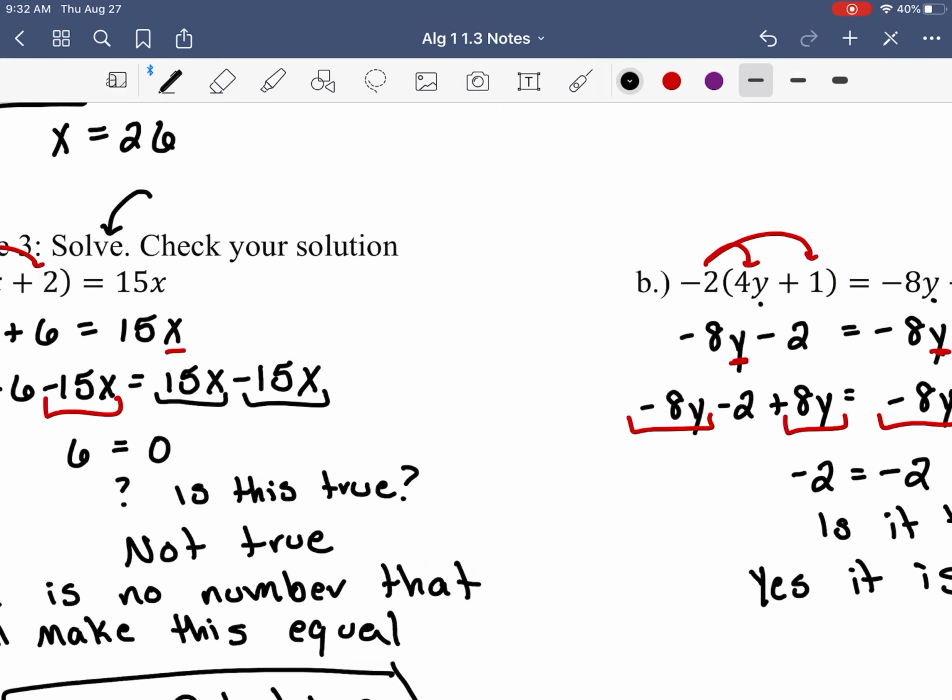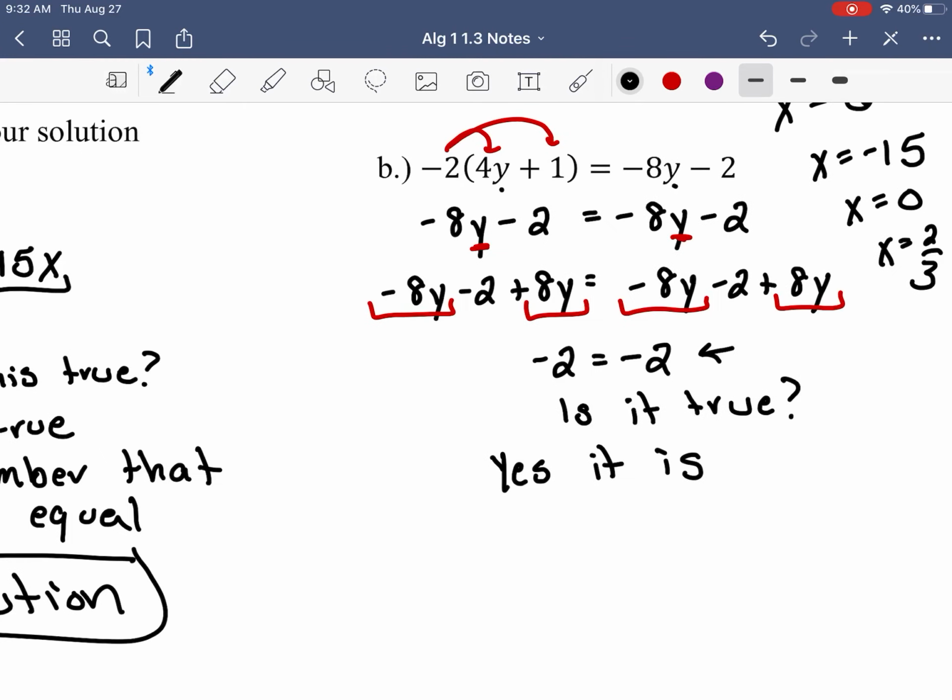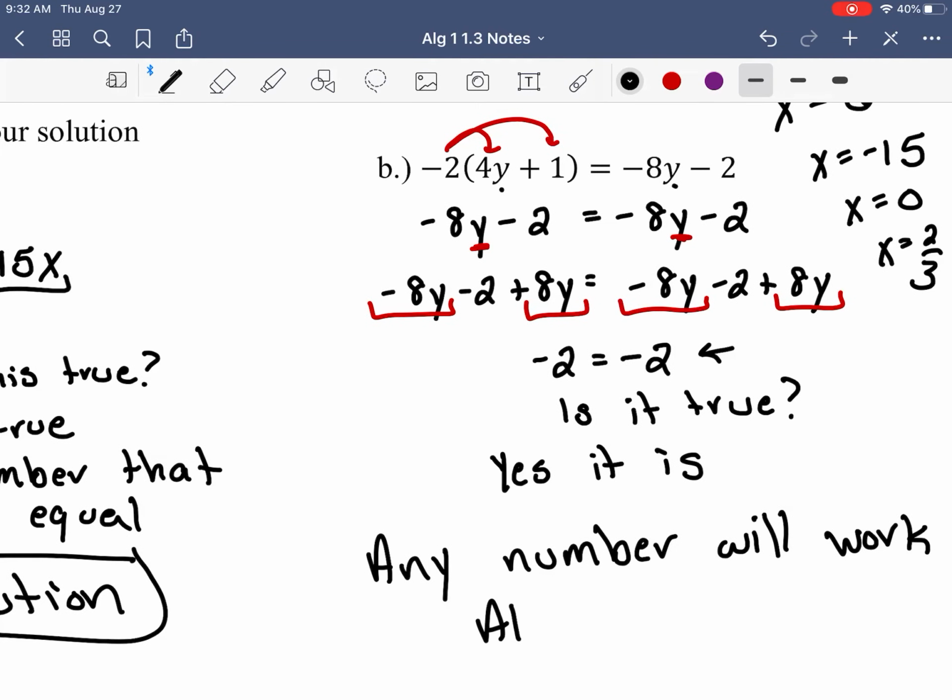So as far as the solution goes, if it says to solve it, we would say any number will work. A lot of times we write the solution is all real numbers. So any of our real numbers; so far all the numbers you've dealt with are real.